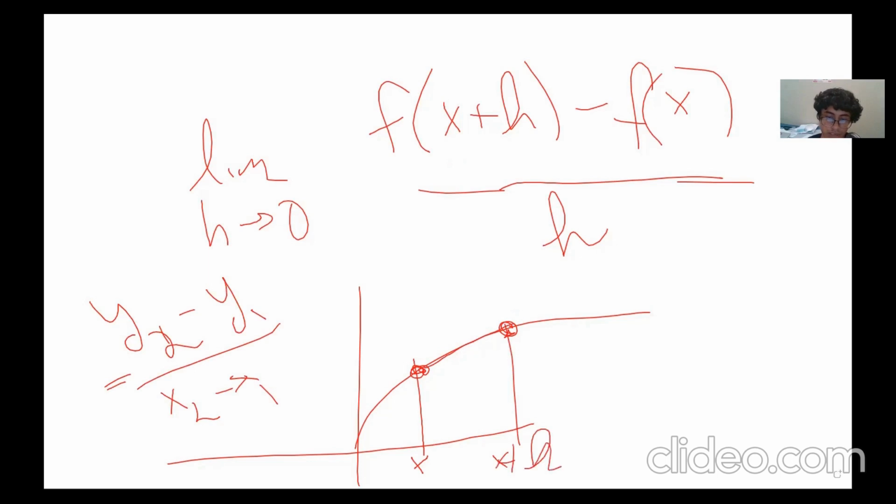As h gets closer and closer, it's no longer this secant line. It's this line that over time gets closer and closer to the tangent at this value. Eventually it is going through a single point.